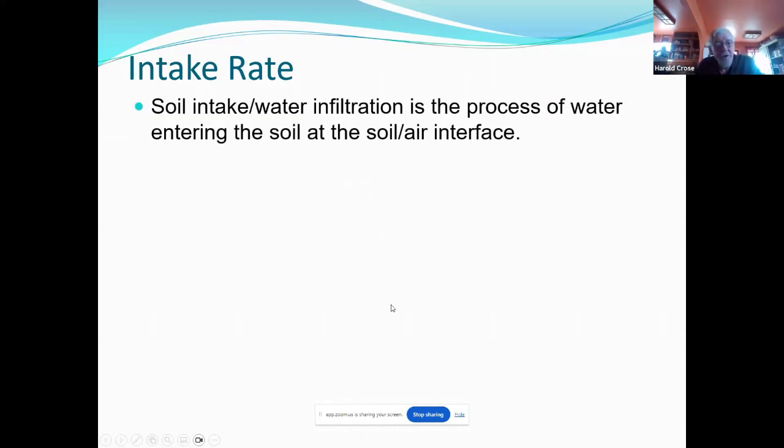The second part you're going to look at: now we know how much water the soil is going to hold. Let's say it holds 2 inches of water, and you're going to have to put that back on. So you really have to start looking at the soil intake or water infiltration rate for the particular soil that you picked.